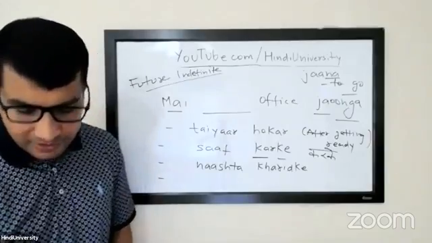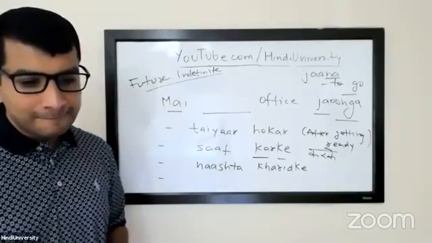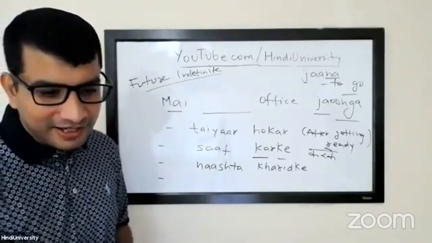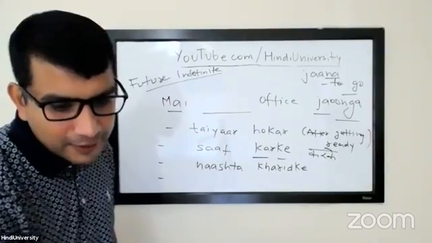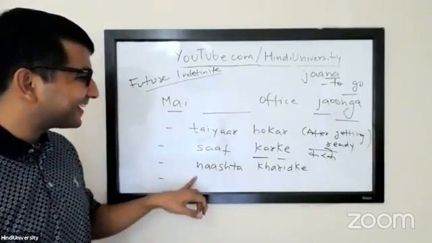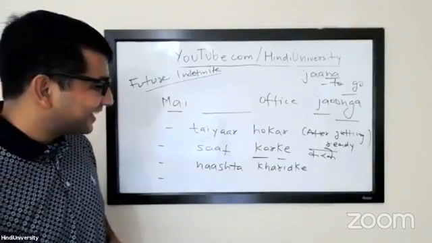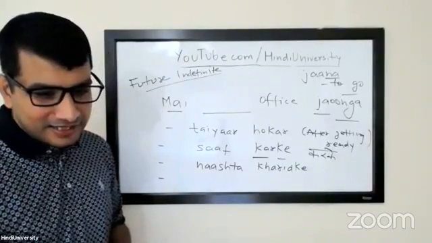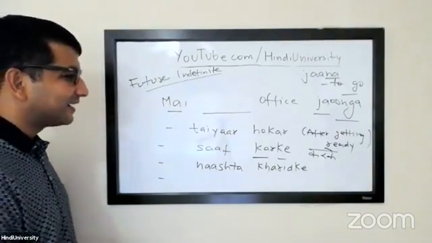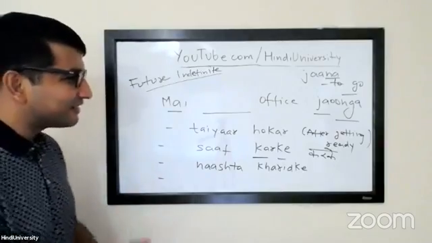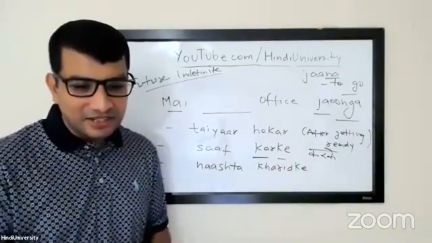Anyone can think of something that can go very well, which we have not done, which is interesting. We already did chai peeker. Okay, chai peeker. The chai peeker office jaungi. Okay. Awesome. Navneet?